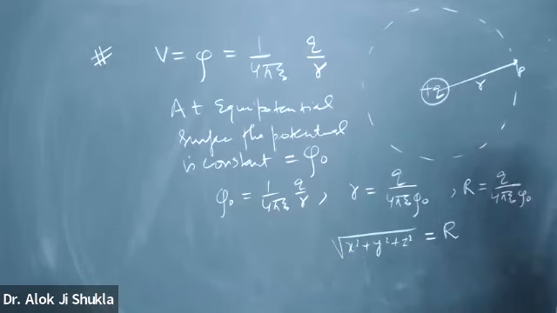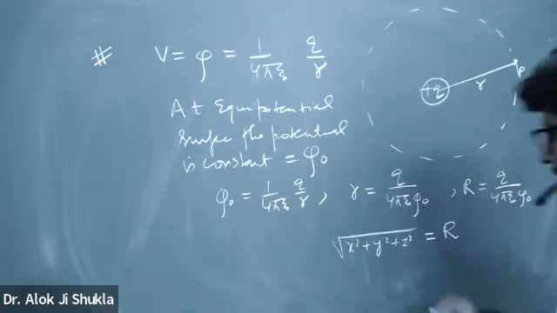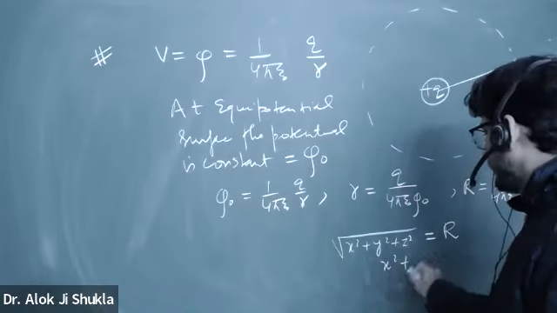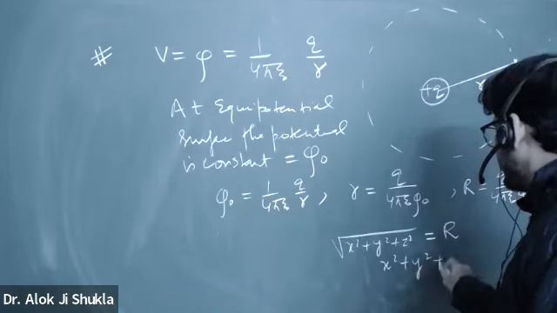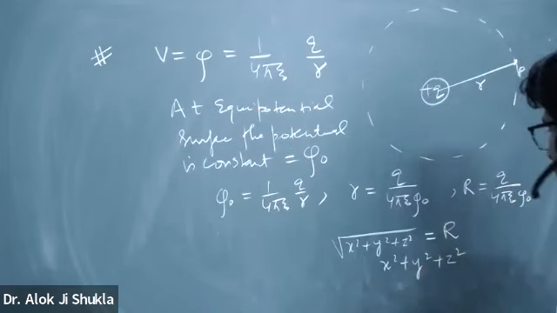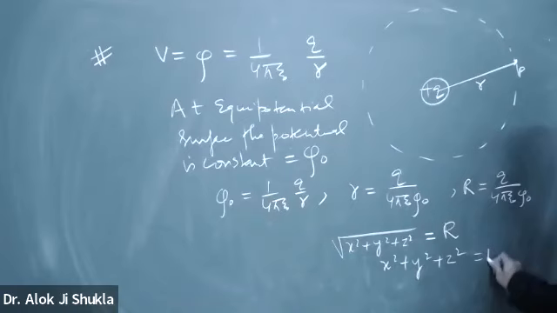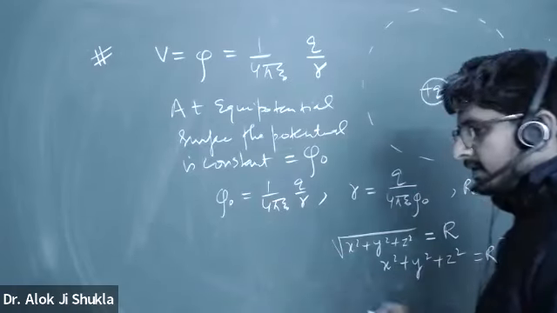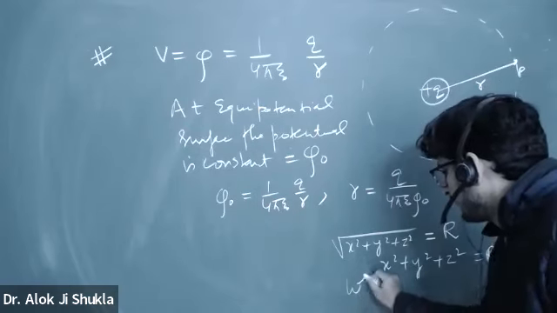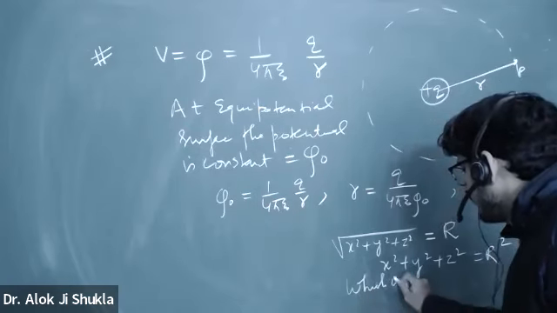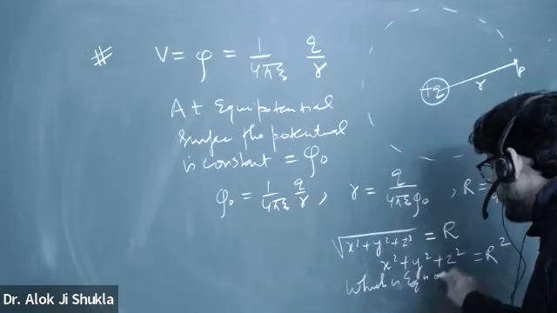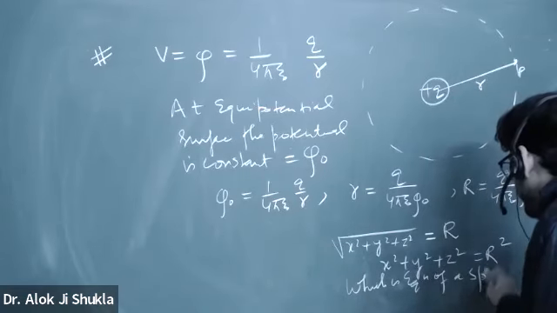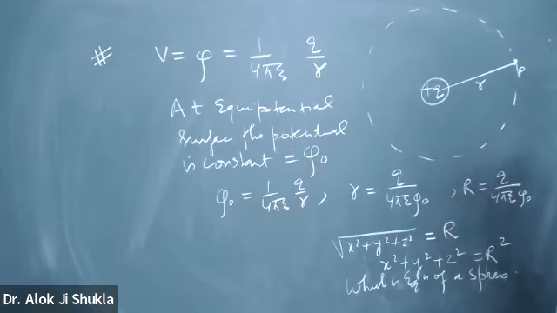This is a constant. So what is this? क्या मिल गया हमें? X square plus y square plus z square is equal to R square, which is the equation of a sphere. Sphere का equation मिल गया.